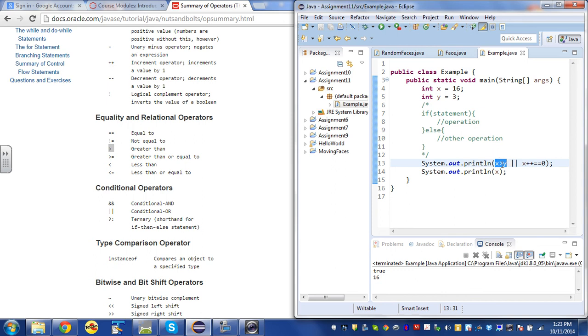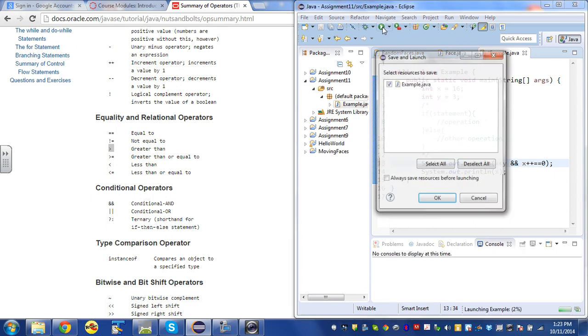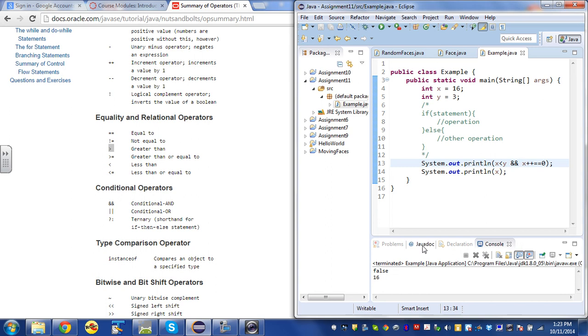What if you said x is less than y and x plus plus 0. Well, this whole thing is only true if they're both true. X less than y. That's false. As soon as Java evaluates this, and then looks at the and, it knows that the whole thing's going to be false, so it doesn't bother evaluating this.